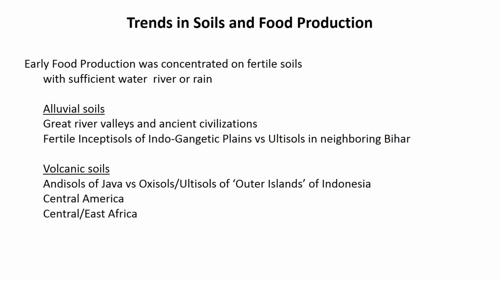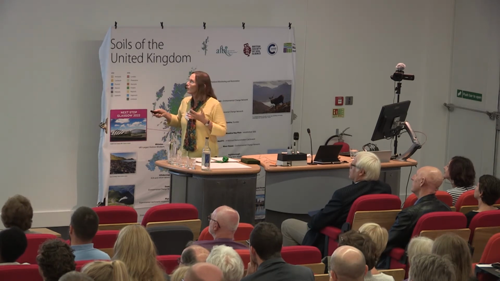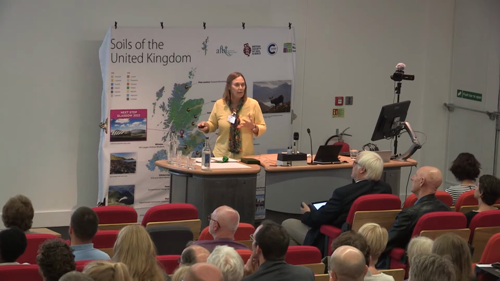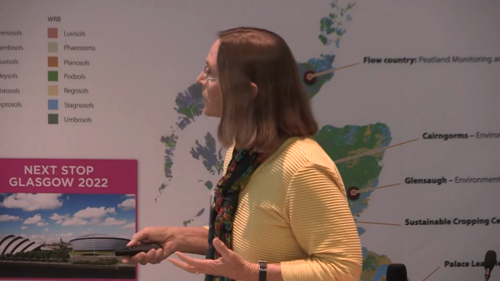One I point out here is the fertile inceptisols of the Indo-Gangetic Plains versus the neighboring state of Bihar, which has ultisols right next door, and they don't produce enough food there. Whereas in the Indo-Gangetic Plain, that's where huge increases in food production happened on fertile inceptisols.